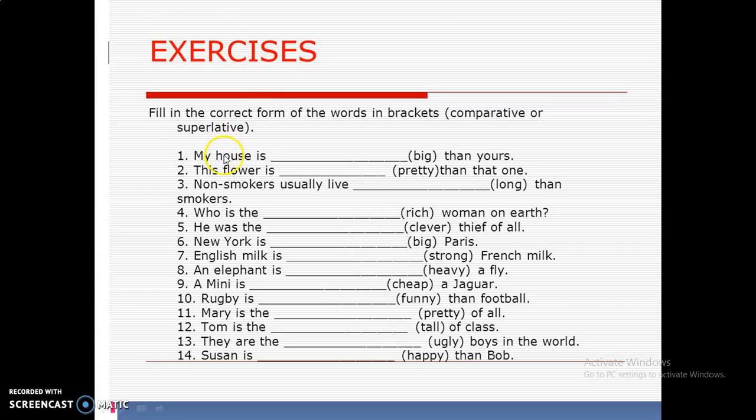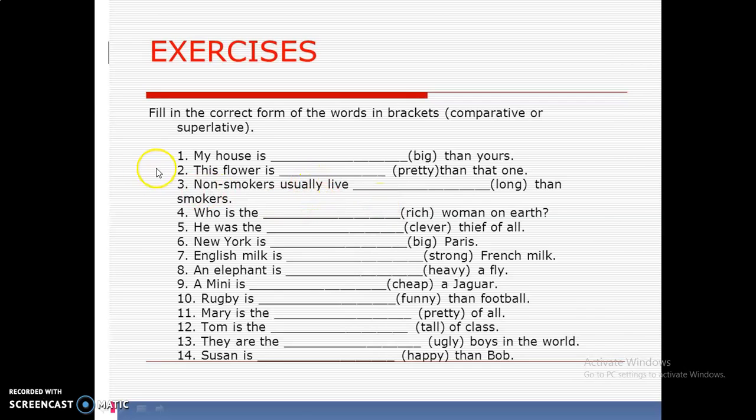Let me give you the answer for the first one. My house is bigger. You cannot say biggest, which means the biggest one. Here it's a comparison with yours, so ER should be added. My house is bigger than yours.